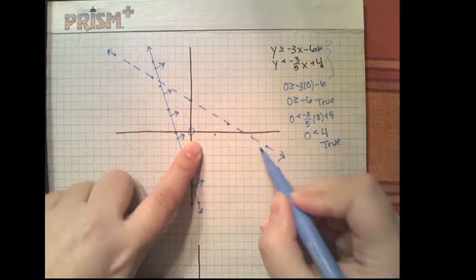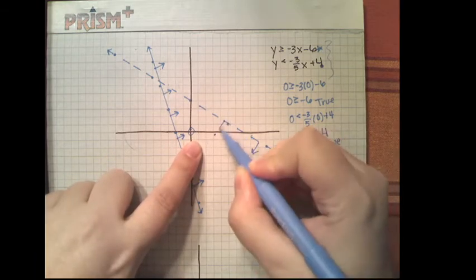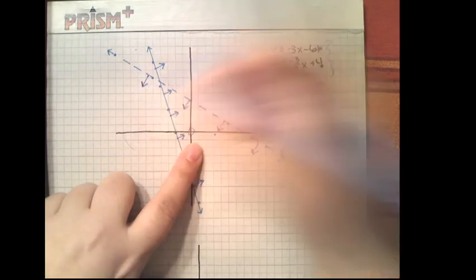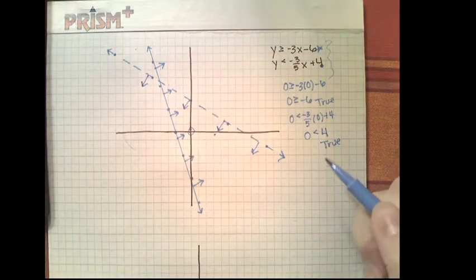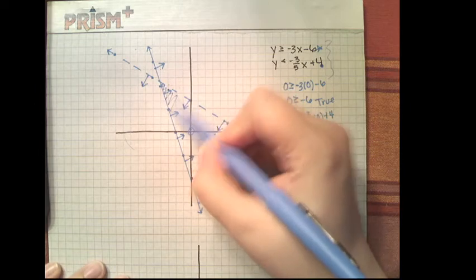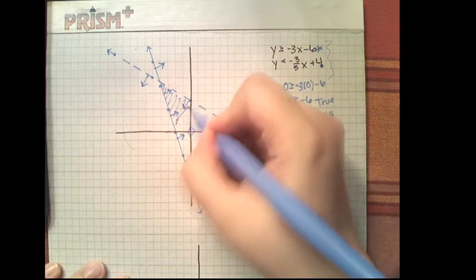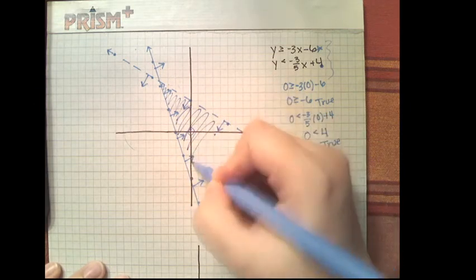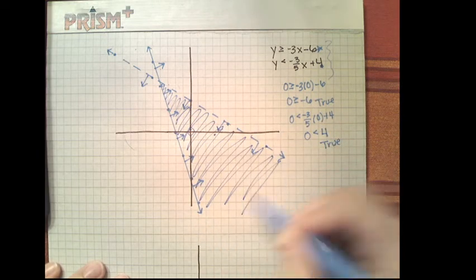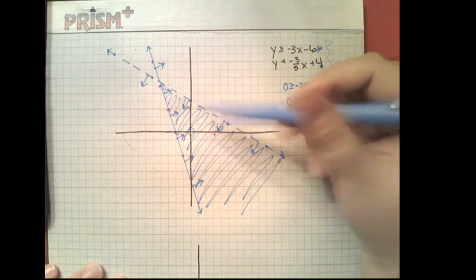So 0, 0 must be a point, which means my arrows need to point towards 0, 0. And if you look, the only place where our arrows are pointing towards each other is this region right here. So this is where we are going to shade. So our solution can be anywhere in this region.